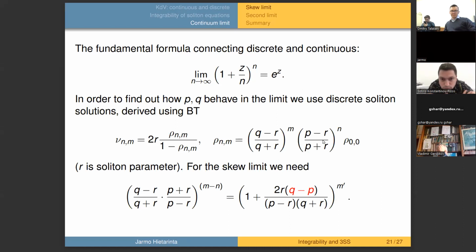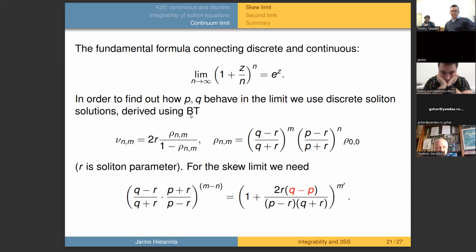First, we have to start with the discrete soliton solution, which we can derive using the Backlund transformation. It can be written in this form, that there's some rho factor, and this is actually the plane wave factor, the discrete form of it.